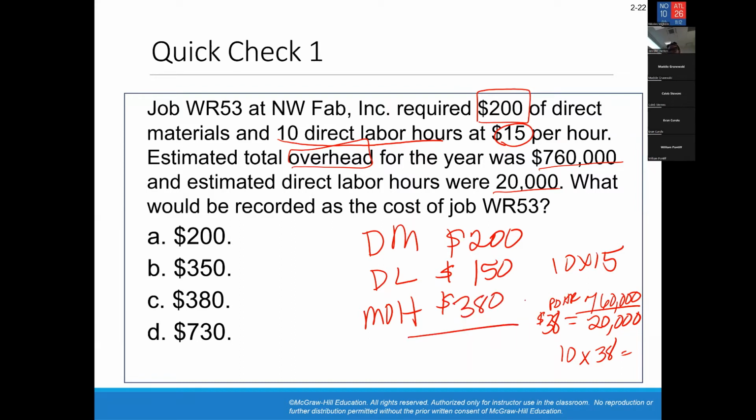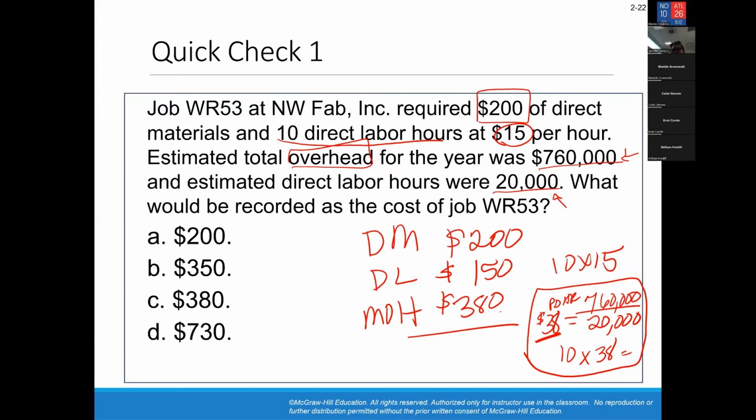That's my three pieces. So do we understand this part here? It's already given to us. We just plug it into that formula. We figure out what it is per hour. And then how many hours did we use on this particular job? It's only 10. So now we're taking 10 times the rate, which is $38, to come up with the manufacturing overhead. So it's not hard.